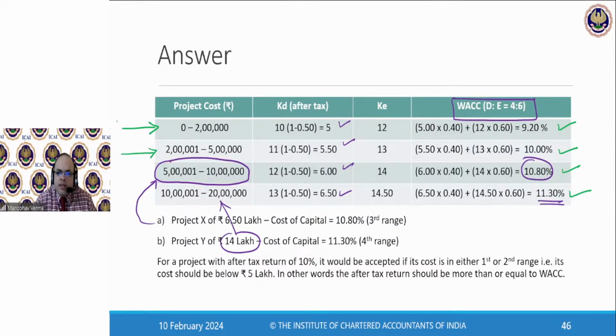So if the project is coming up with the investment of below 5 lakhs, we can take that up. But above 5 lakhs, my cost is increasing, right? 10.8 and 11.3, that will not be attractive for us. Guys, everyone doing good? Any doubts for the second part? Because the return is given to us as 10%, we have to be ensuring that the project cost is less than the return here.